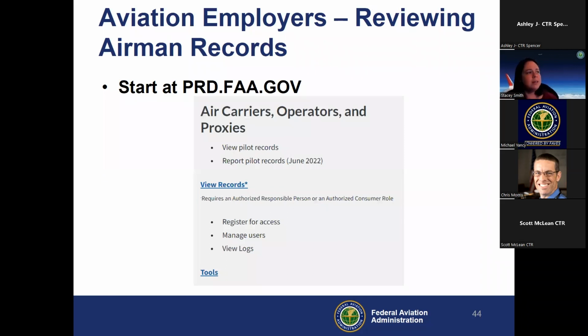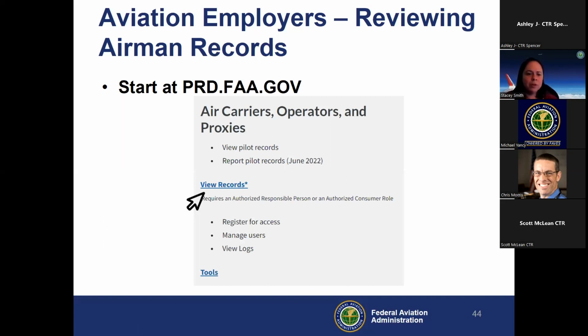So now let's take a look at the other end for the aviation employers for reviewing the airman records in PRD once the consent has been granted. We'll start again at our PRD webpage. Once you've completed the registration process, click on this top link over here for view records.